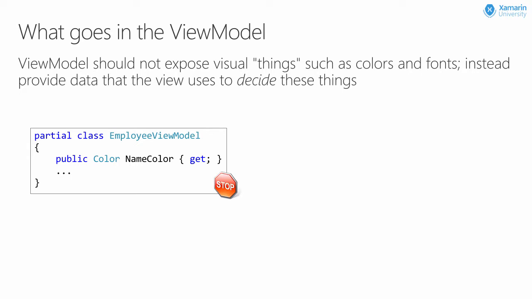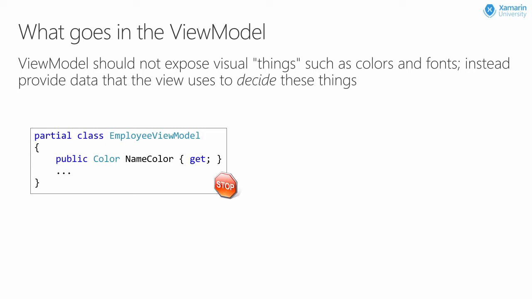What happens if we decide we'd rather show a supervisor in a different color, or a different font, or bolded, or maybe we want to animate the text? Then we'd need to update both the view and the view model. Also, color, the type, is platform specific. So by exposing the color directly to our view model, it becomes a lot less shareable.